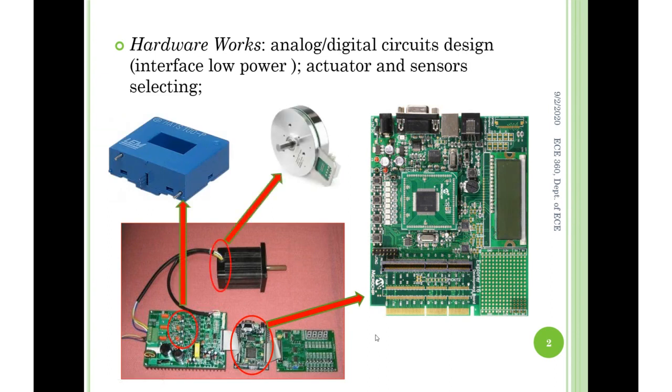So here I'm showing you a zoomed-in picture. It's not exactly the same thing, and the pictures are from Google. This is the controller board, which, as I said, hooks to the computer, and of course the debugger, which generally speaking is JTAG.